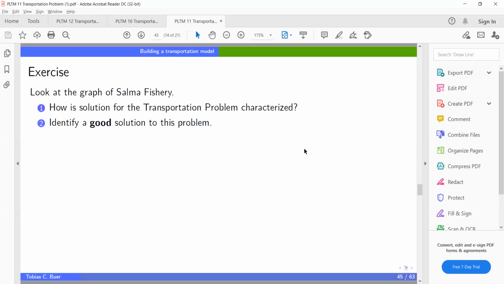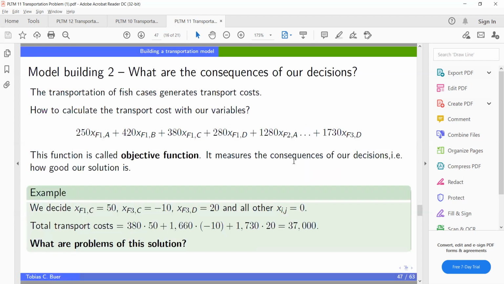Now, we have all these 12 decision variables, and we multiply the transport cost for 1 case with the number of cases we transport from the factory to the warehouse. We have 12 decision variables, and for each of these 12 possible transport relations, we have different costs that are given. These costs are given from the beginning.